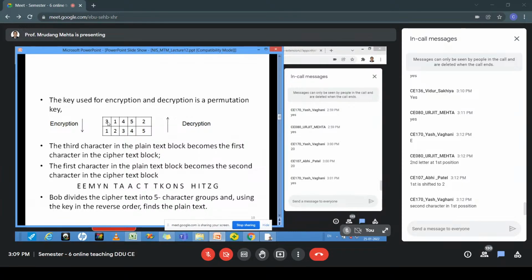Fourth character is on third position. Sorry. Third character is on fourth position. And fourth character is on fifth position. Have all of you understood? So similarly, you can do it for other blocks. And so the plain text returned is enemy attacks tonight. Is that understood to all of you?